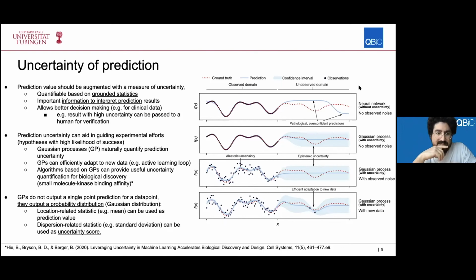These Gaussian processes have been shown to be able to guide biological discovery. And since these predictive models do not output a single prediction, but rather a distribution, you can use a dispersion-related statistic, in this case a standard deviation, to assess the uncertainty of a certain prediction.